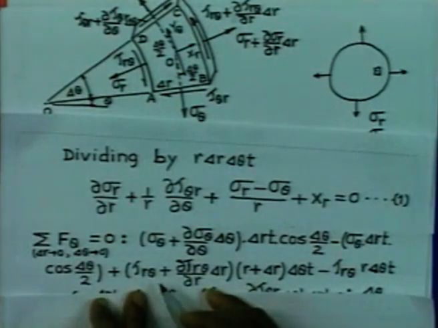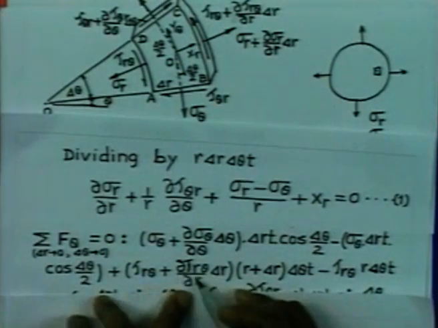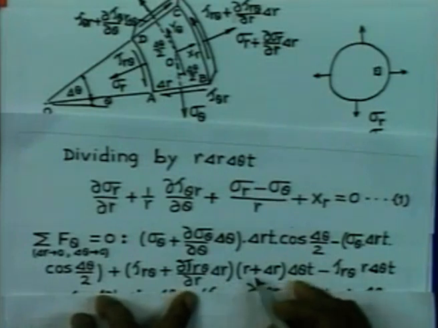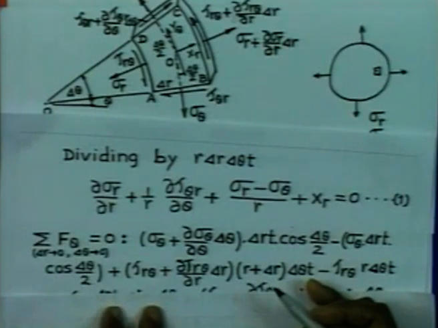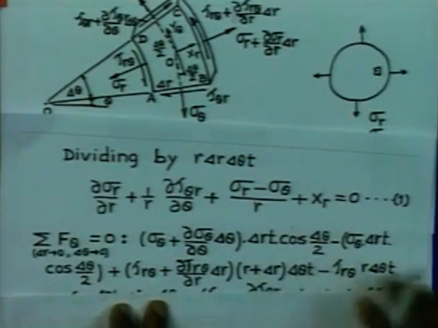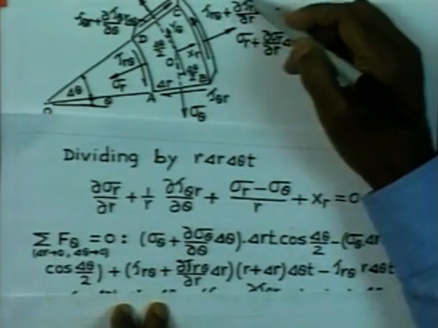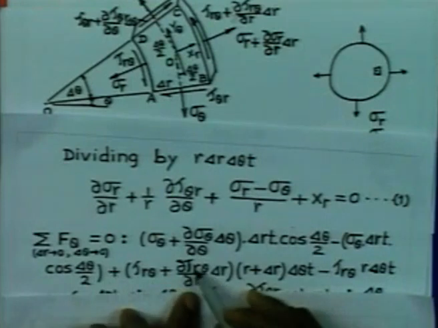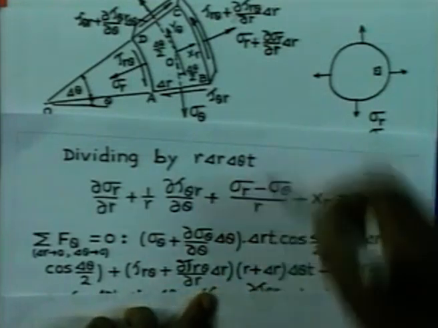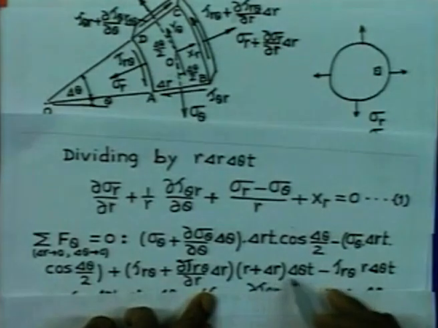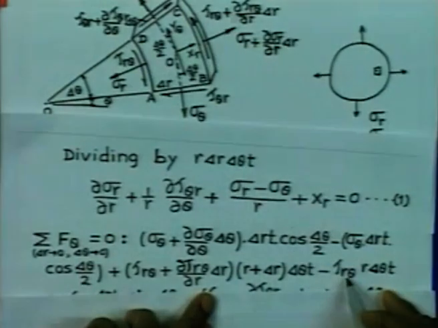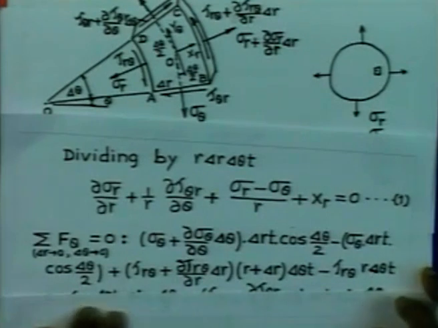So, if we try to take this component, it is tau r theta plus delta tau r theta by delta r into delta r, that is acting over an area of r plus delta r into delta theta into t, and this component which is nothing but tau r theta acting on an area r delta theta into t.